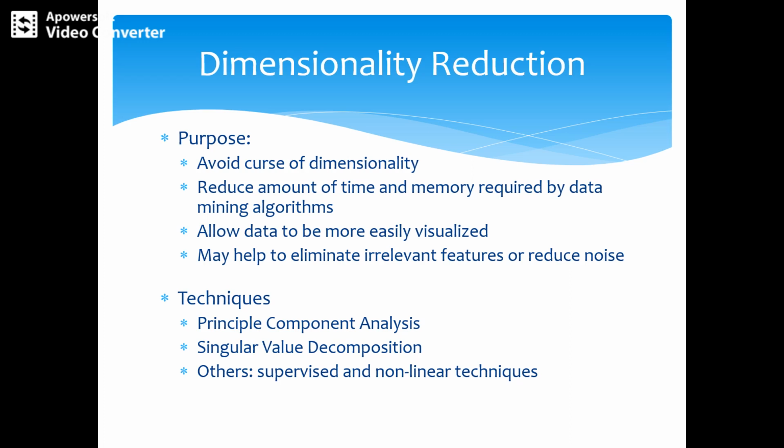A key benefit is that many data mining algorithms work better if the dimensionality, the number of attributes in the data set, is lower. This is partly because dimensionality reduction can eliminate irrelevant features and reduce noise, and partly because of the curse of dimensionality. We will explain the curse of dimensionality later.